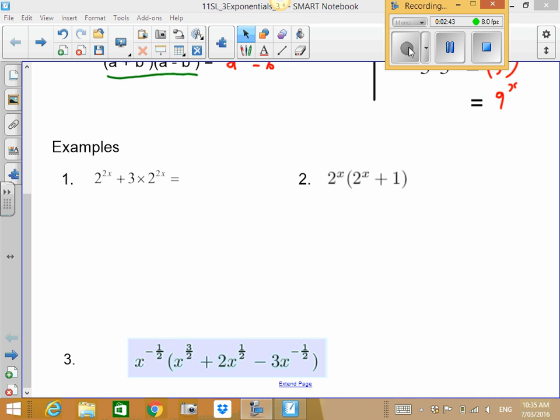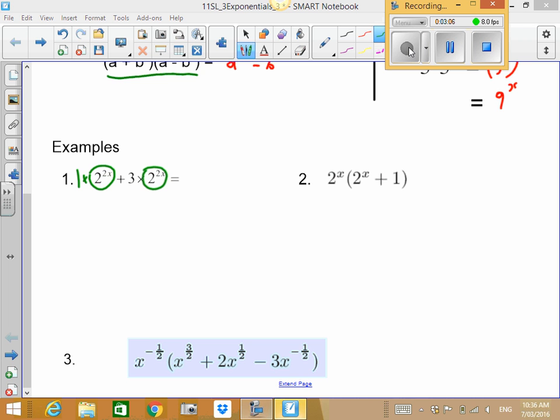With example 1, we have 2 to the power of 2x plus 3 lots of 2 to the power of 2x. What's important to see here is that we have one lot of 2 to the power of 2x here, and 3 lots of 2 to the power of 2x there.